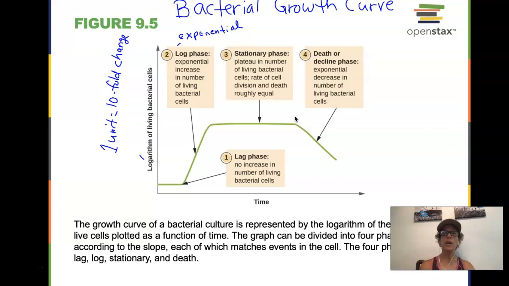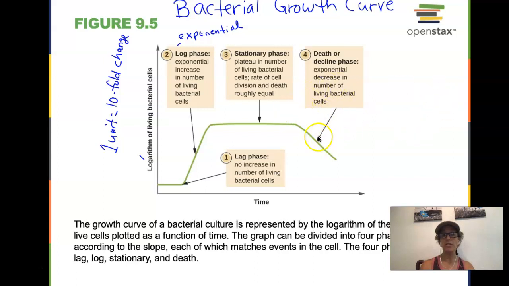We are not providing additional nutrients as the ones that were initially there get used up. We're not removing waste as that accumulates. As the population grows, they are also taking up space, and we're running out of room for more bacteria to grow. So at this point, it's not that everything is dying, but the rate of cell division and the rate of death is about equal, so it's flat.